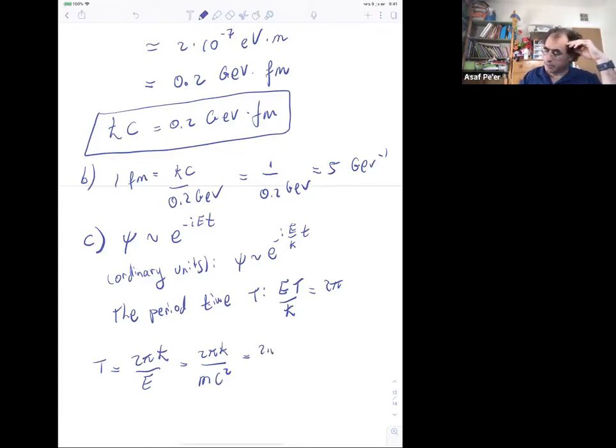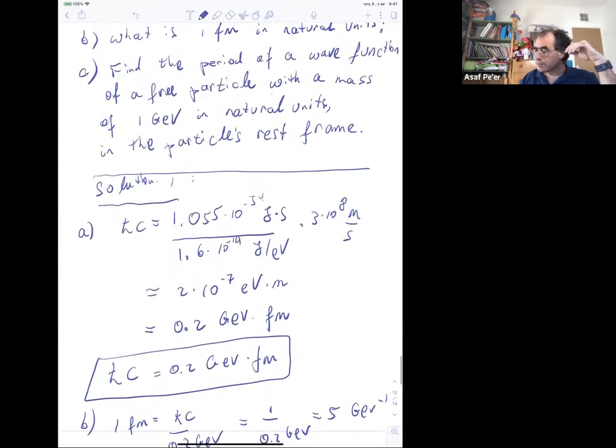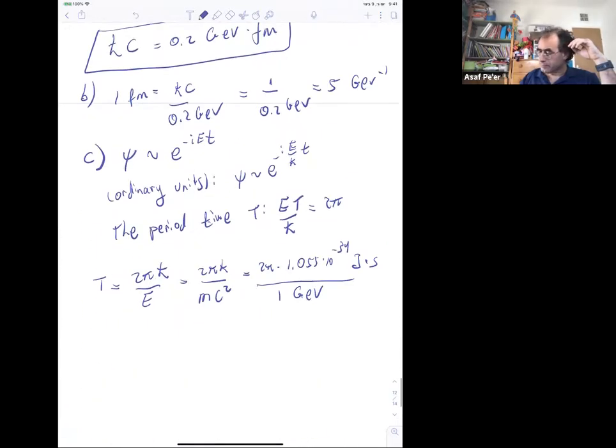So it's 2 pi times 1.055 times 10 to the minus 34 joule times second, divided by 1 GeV, because I said the particle's mass is 1 GeV. Now I need to get back the conversion.